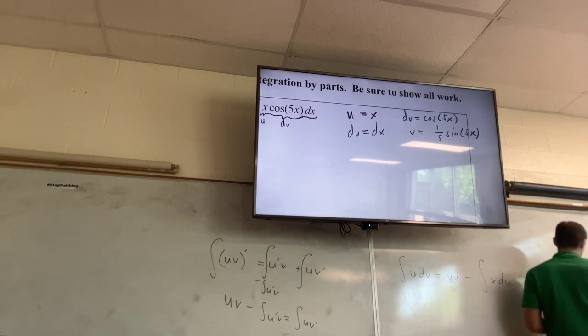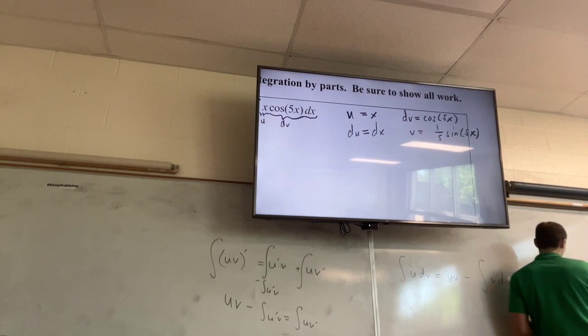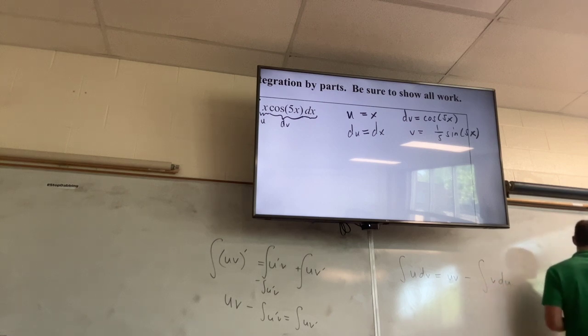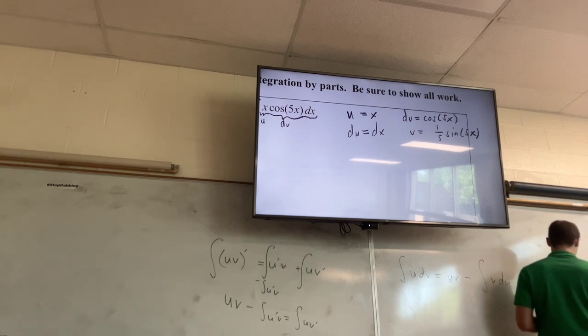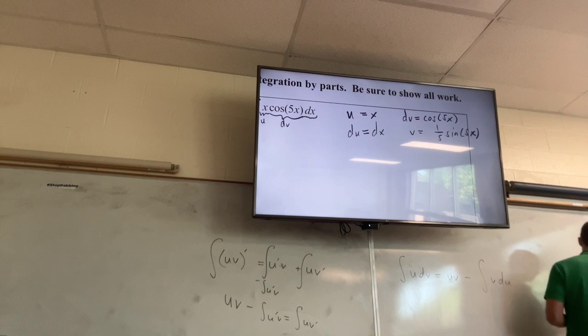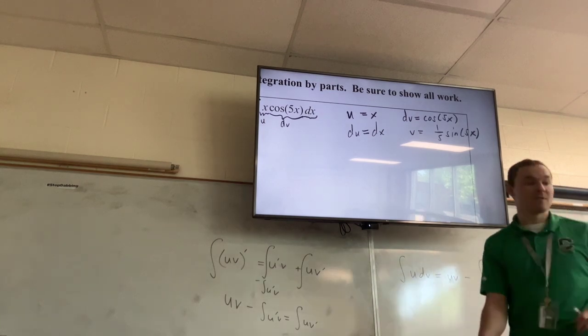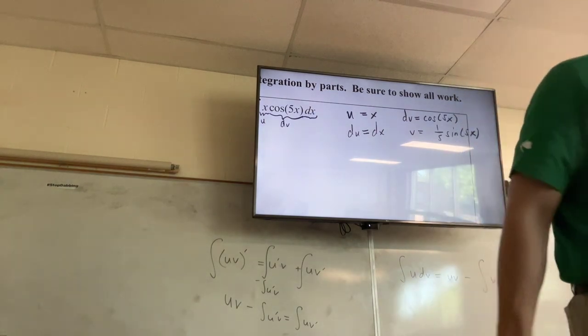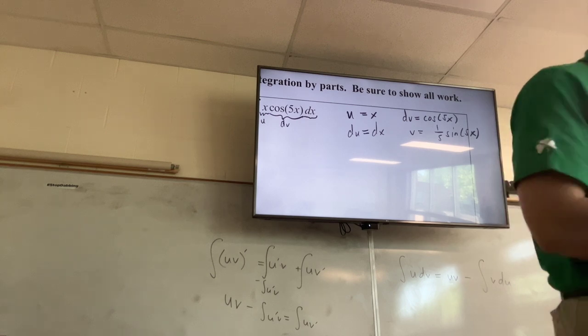So I need there to be a 5 here, so I write a 5, and then I have to write a 1/5 to compensate. This and this become du. So you did a u sub trying to find the antiderivative. Yeah, this is like its own problem almost. That's how I did that.